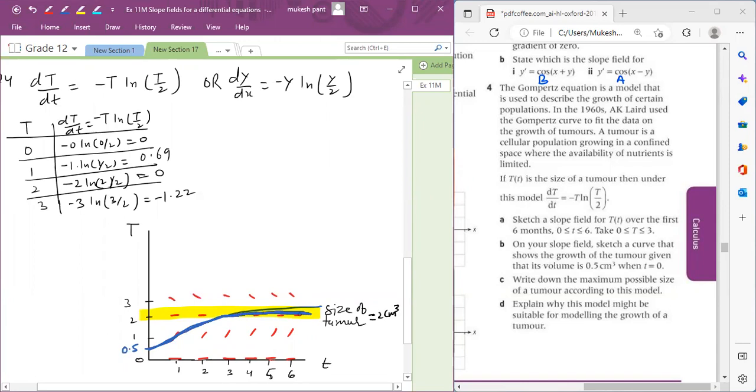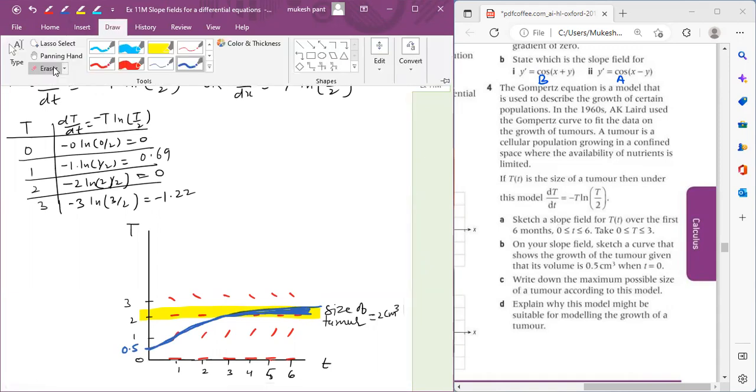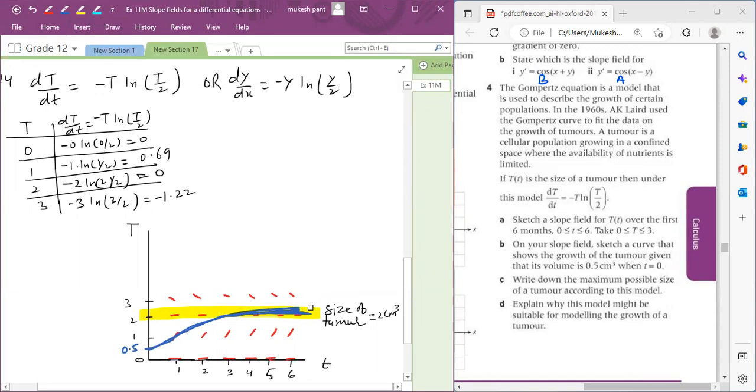Here the gradient is parallel to the x-axis, making the gradient 0. So in this case we don't see any further increase in the size of the tumor, because this line is parallel to the axis. So that's why it may be suitable to predict the size of the tumor.